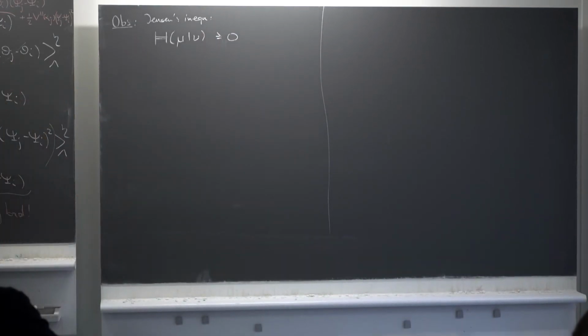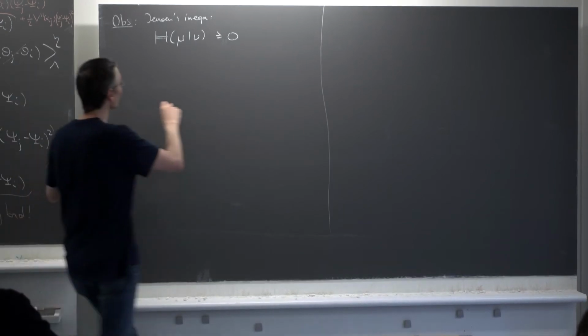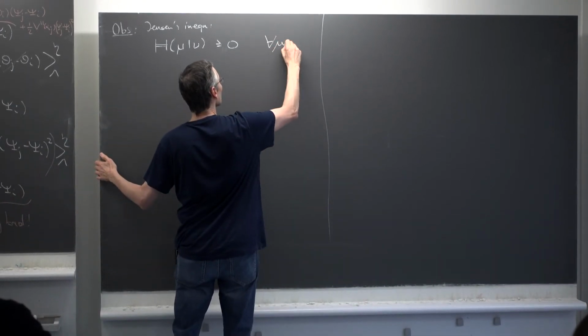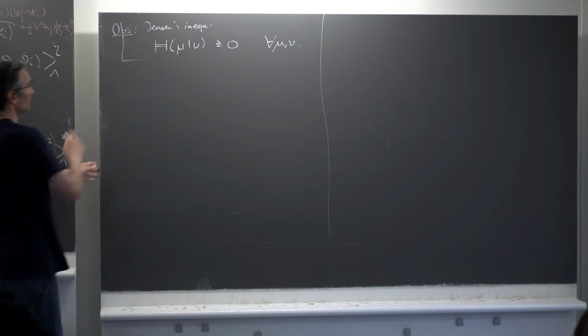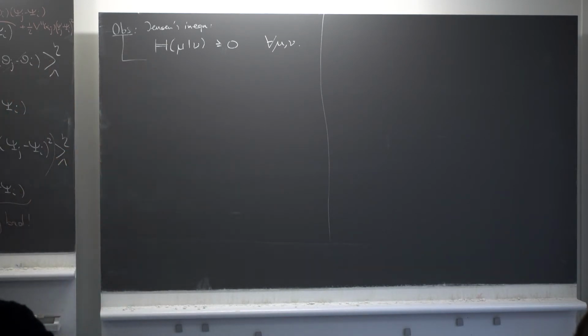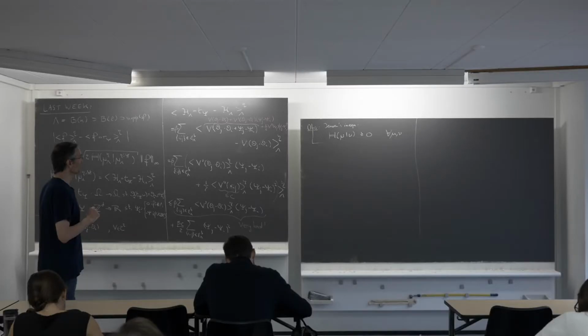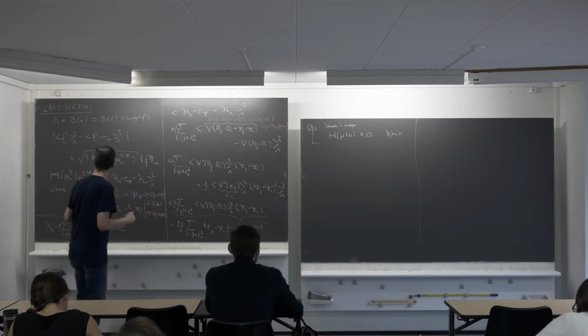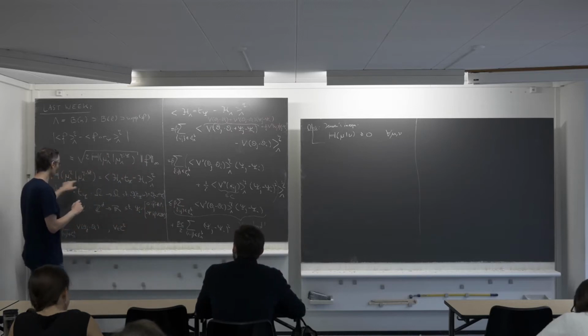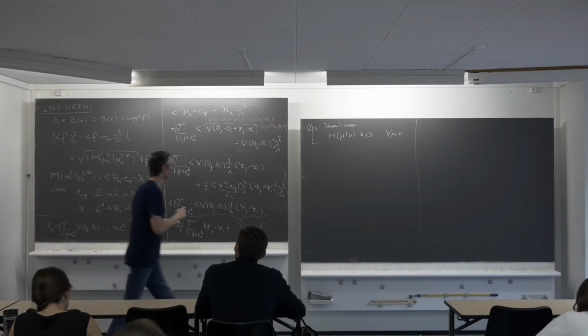That's always true for any mu. So if we apply this to our particular case, we can bound this relative entropy that we are trying to understand in the following way.